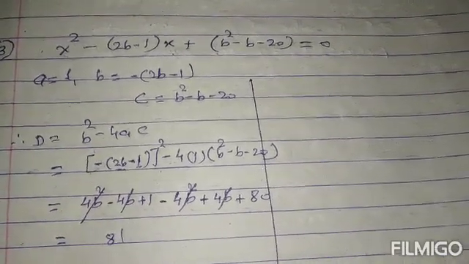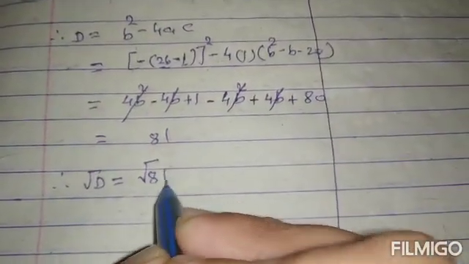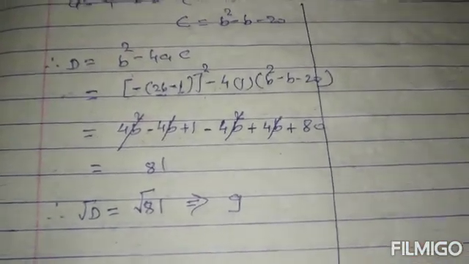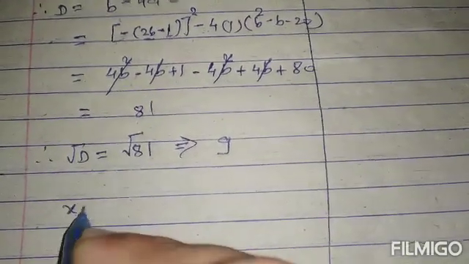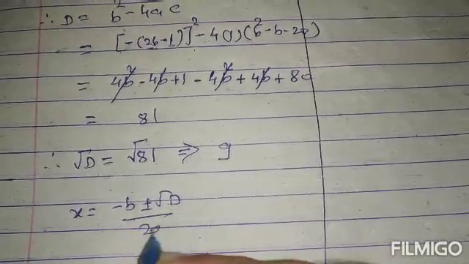Therefore, square root of d is square root of 81, and this can be written as 9. Now x is given by minus b plus minus under root d upon 2a.